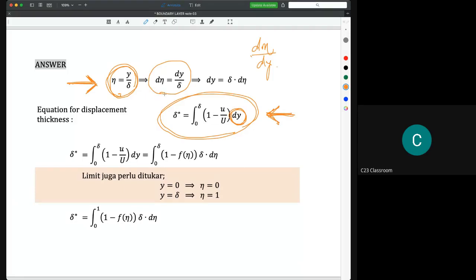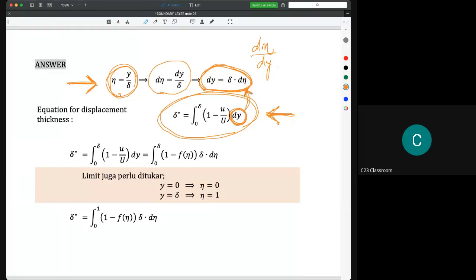And then if we rearrange this one, we could write dy is actually delta times d eta. Okay, so when we use this term, we need to replace the dy here with this value.